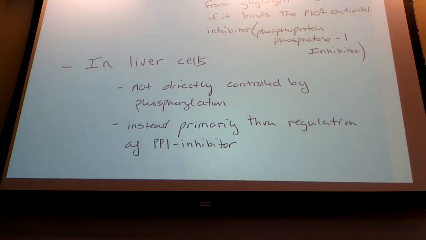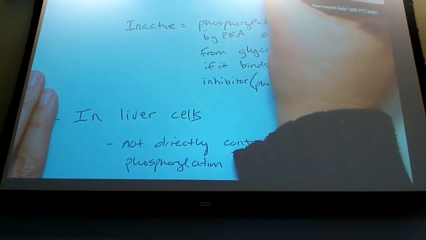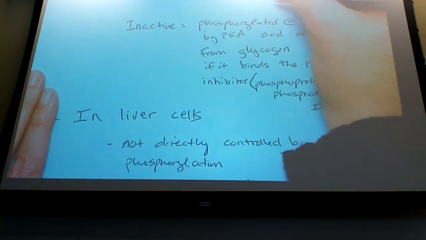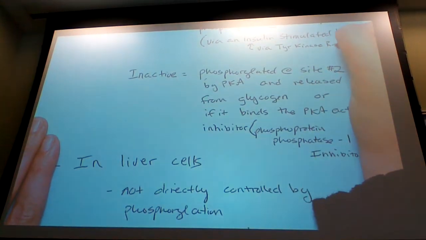Moving forward a little bit, where we mentioned the insulin-stimulated kinase. This is via tyrosine kinase receptor.